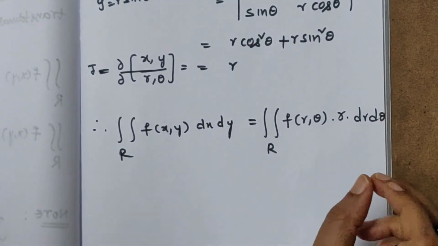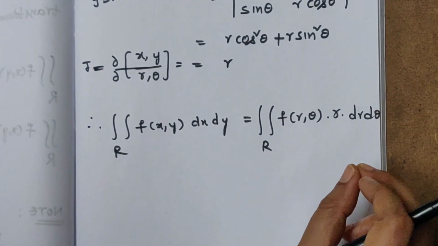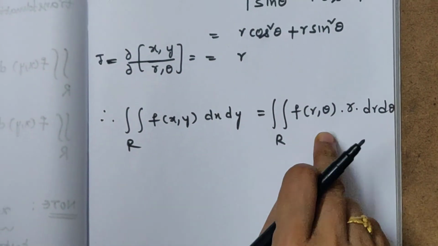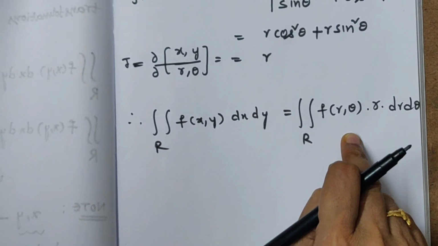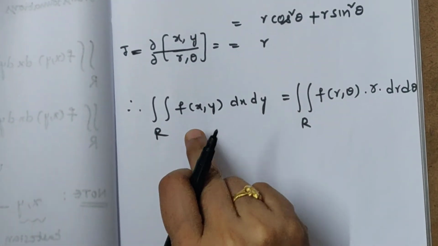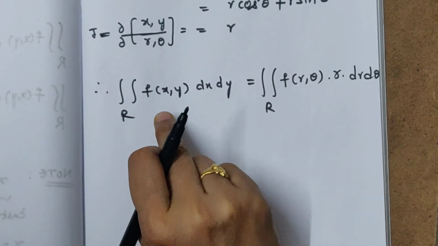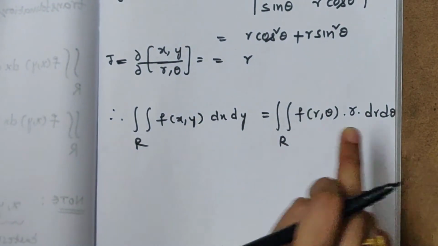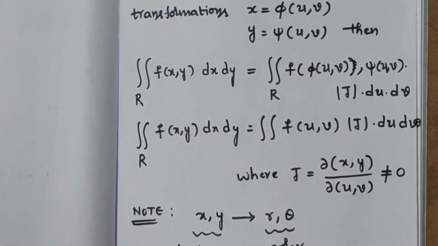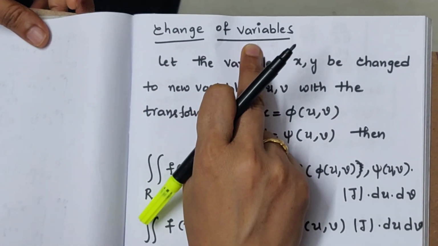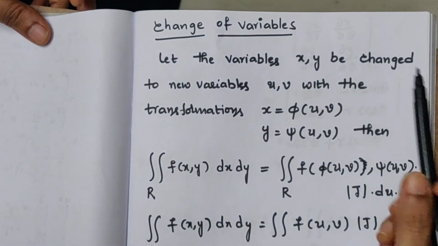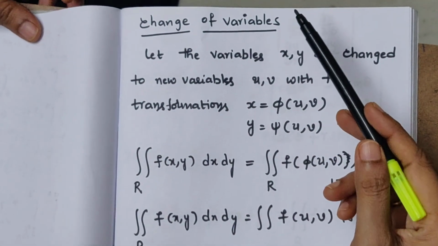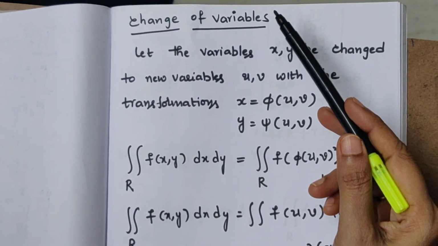In order to make the evaluation of the double integral easy, that's all. As the evaluation of a polar double integral is simple compared to the Cartesian double integral, we are converting it. That is the concept of change of variables. So again I am repeating, this change of variables topic is introduced to make the evaluation of integrals easy.